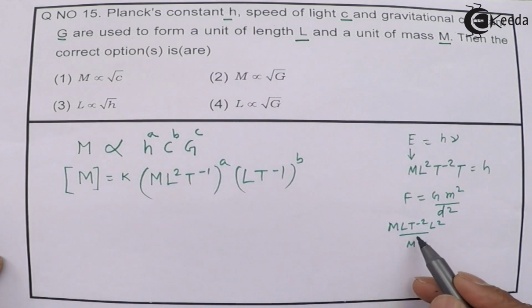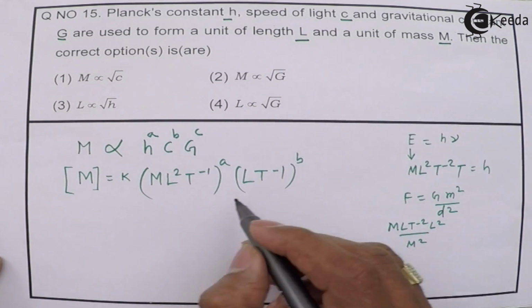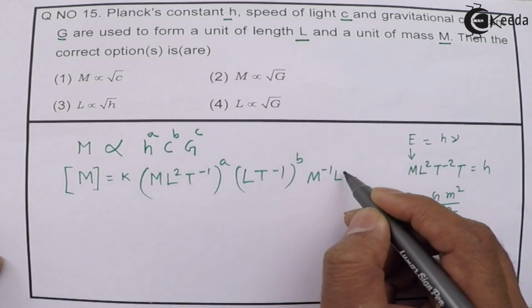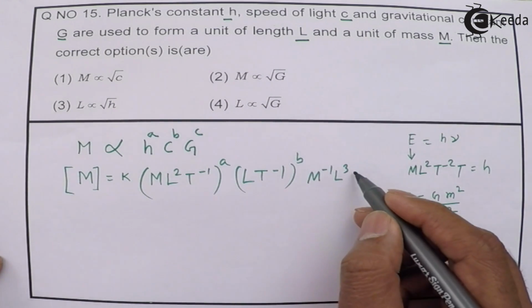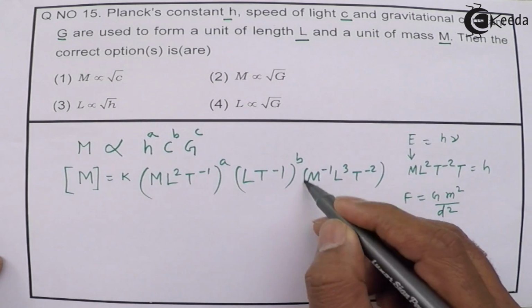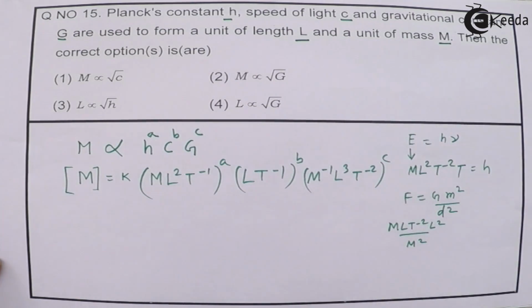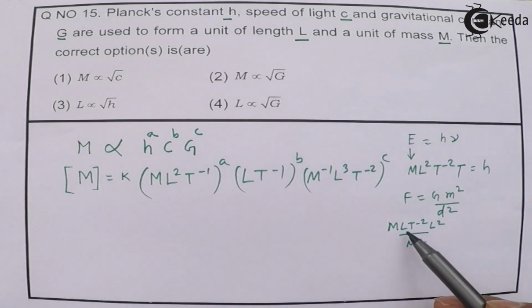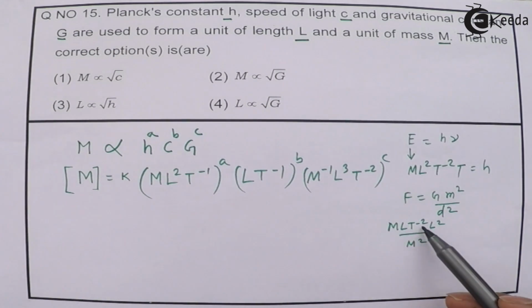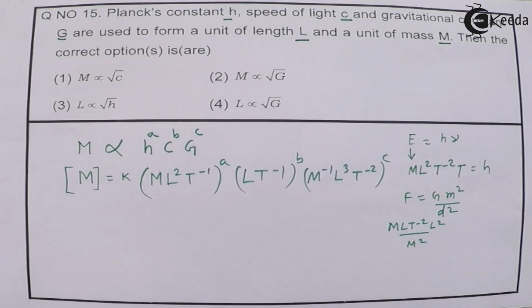So this becomes M minus 1 L cube T minus 2, to the power c. Let me check again. M L T minus 2, square of L, divided by m square, gives M minus 1 L cube T minus 2. Okay, now we have to solve this.